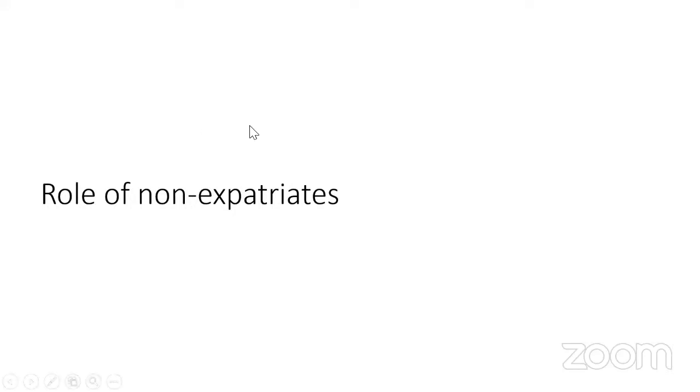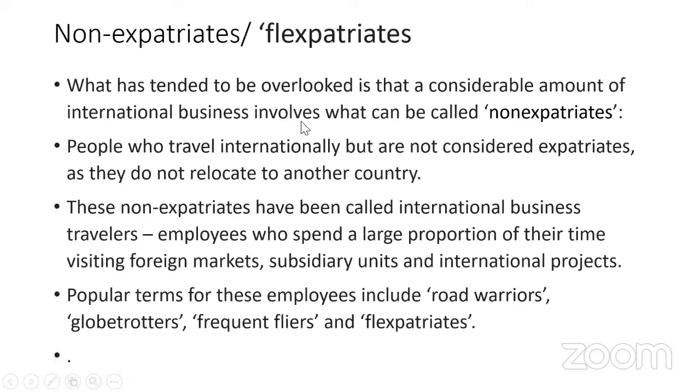Now we shall discuss the role of non-expatriates or flexpatriates.